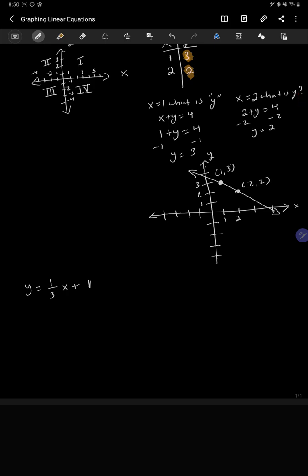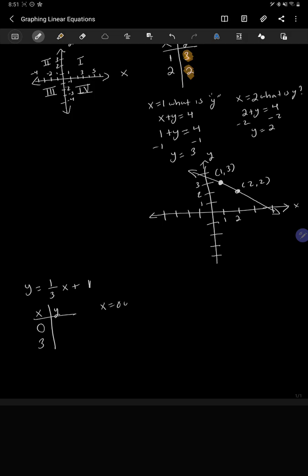We're going to pick 2 different points, so x and y. But think about it this way. Whatever I have of my x in this case, it's going to be divided by the 3. So I want to pick multiples of 3. So you know what? I'm going to make this easier on myself. I'll put a 0 because I know that will cancel out my fraction. And I'll pick 3.